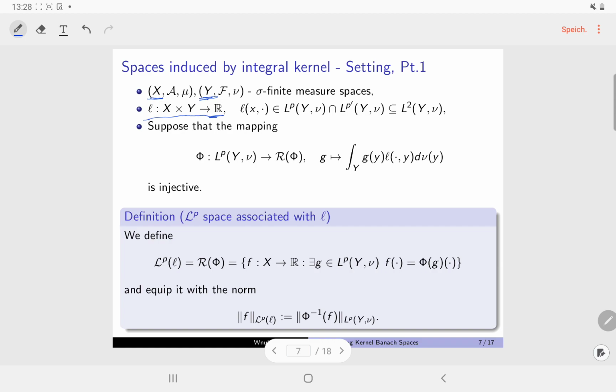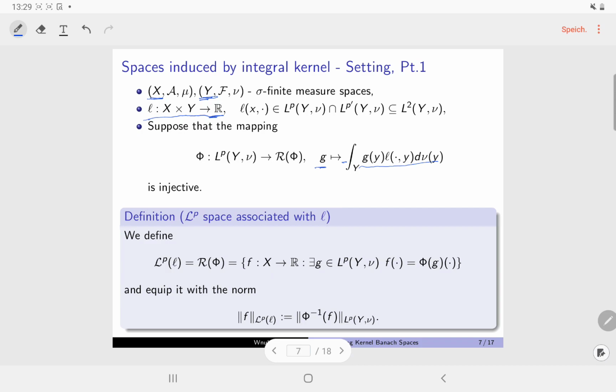Moreover, we are considering a mapping phi, which we assume to be injective. This mapping takes an L^p function G and sends it onto the integral of G times L, with the second argument seen as a function of the second argument.